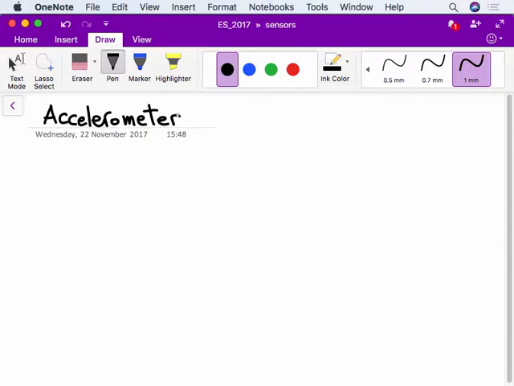So in practical modern smartphones, there is one single chip which has an accelerometer in 3 dimensions, so a 3D accelerometer, plus a 3D gyroscope, plus a 3D compass, plus a pressure sensor.